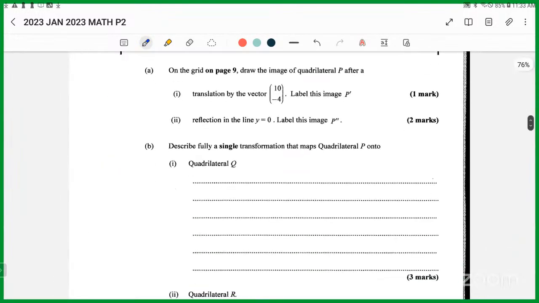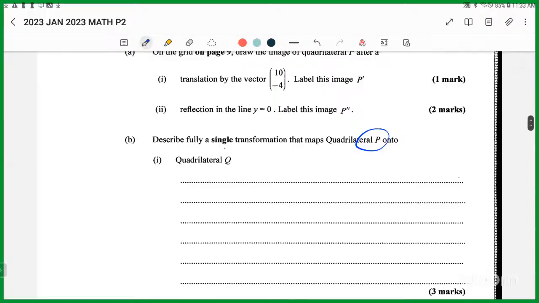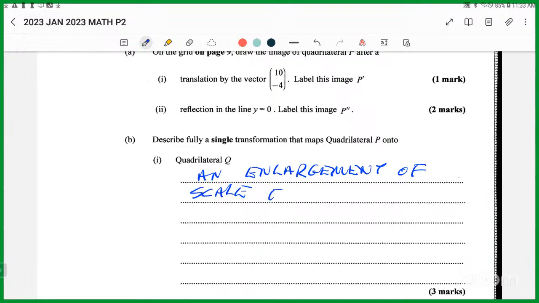So this enlargement, P maps to Q by an enlargement of scale factor k equals 3 and center, I can say about the point, so about the center.